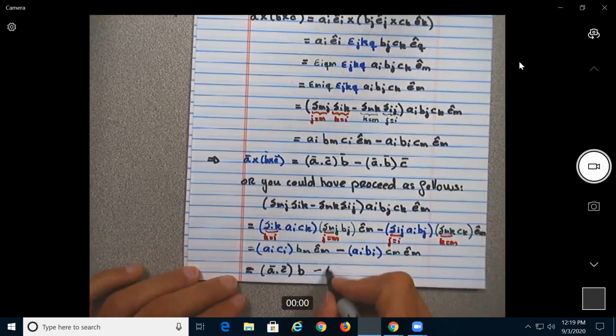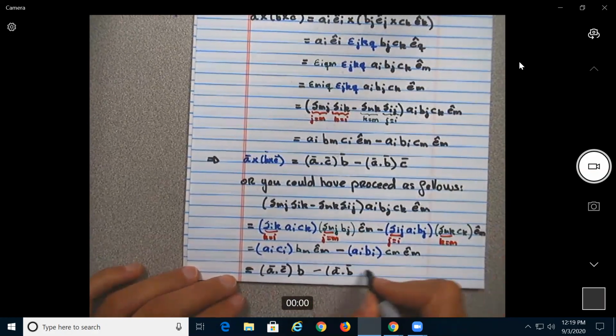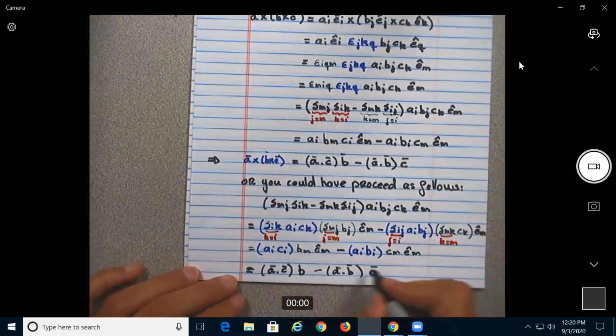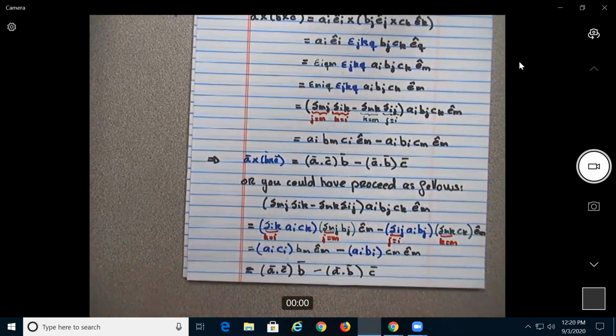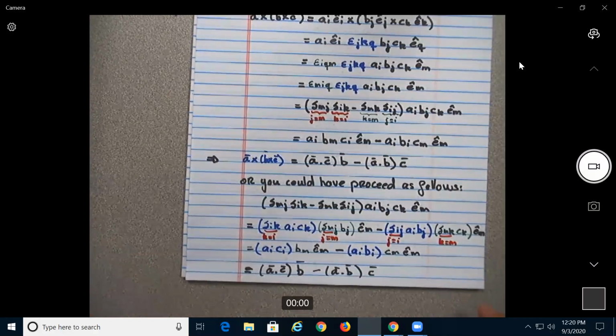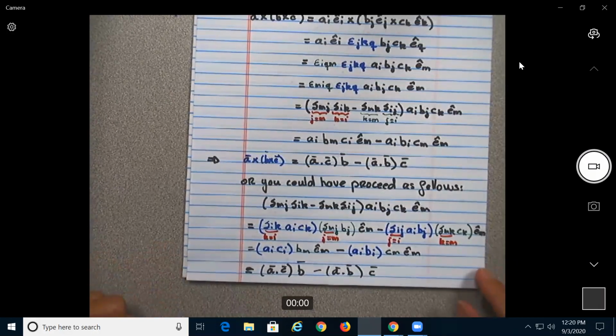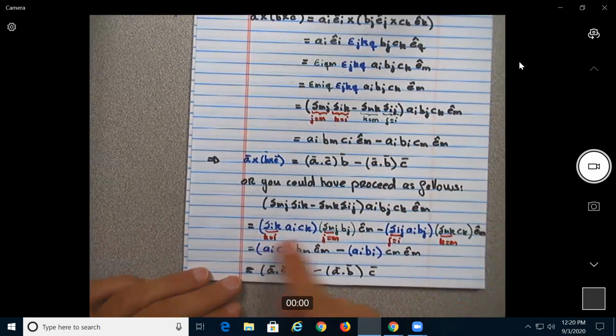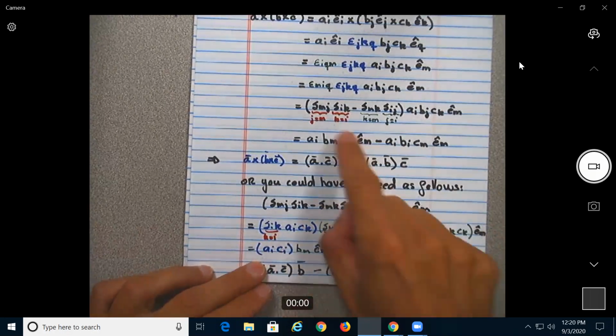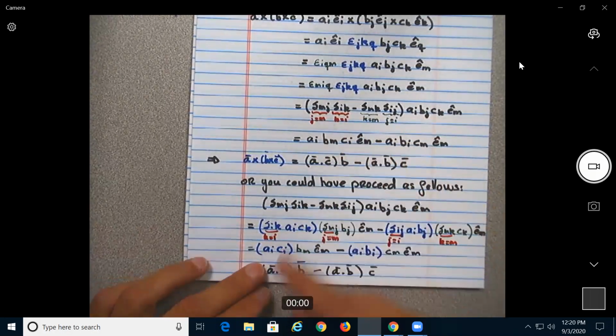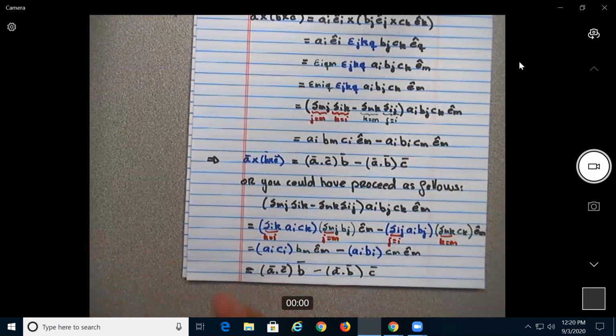Minus A dot B times C. So I don't know, do you see any difference between both of them, or do they look the same to you? They are more or less the same, no? It's just how you want to combine the terms. In this method, you combine them right away. In this method, they might move around, but you can then move them around and combine them.